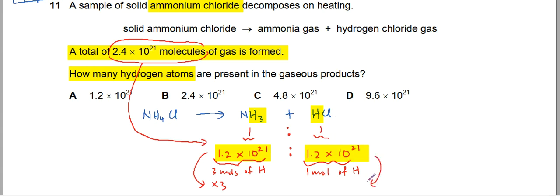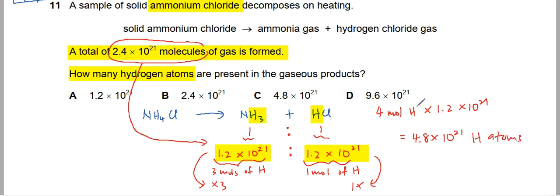So you end up with a total of 4 moles of hydrogen times 1.2 times 10 to the power of 21. So the final answer we expect to get is 4.8 times 10 to the power of 21 hydrogen atoms present. So the answer is C.